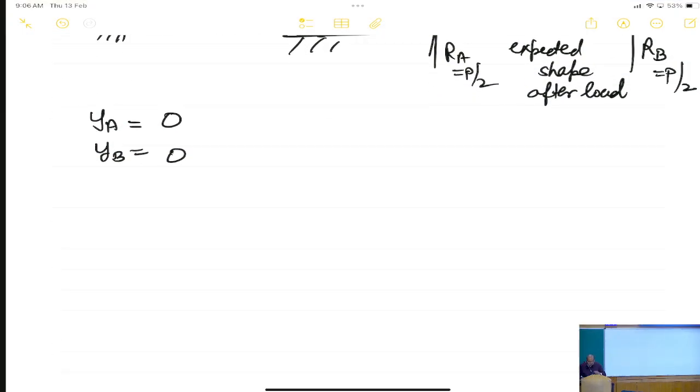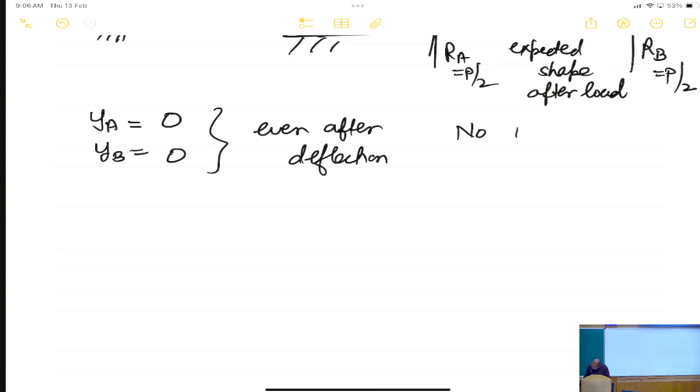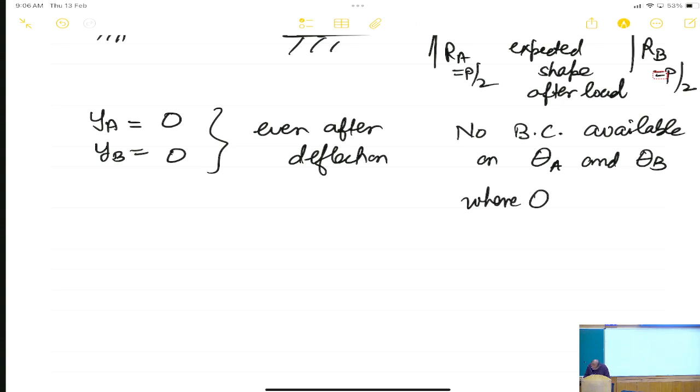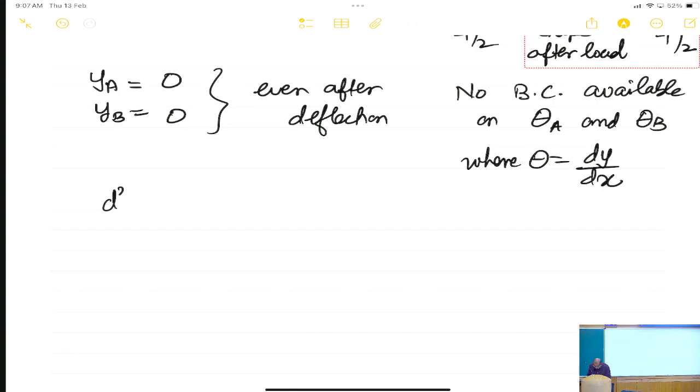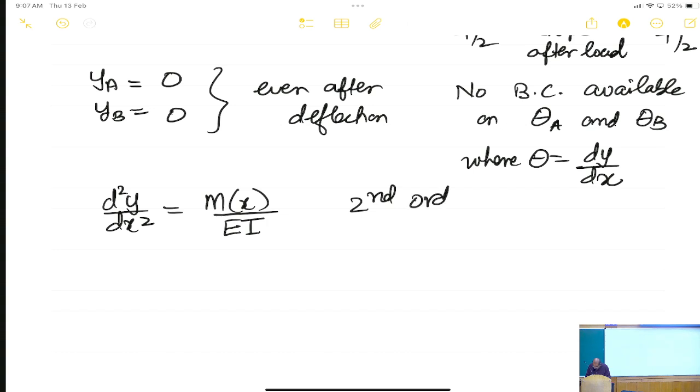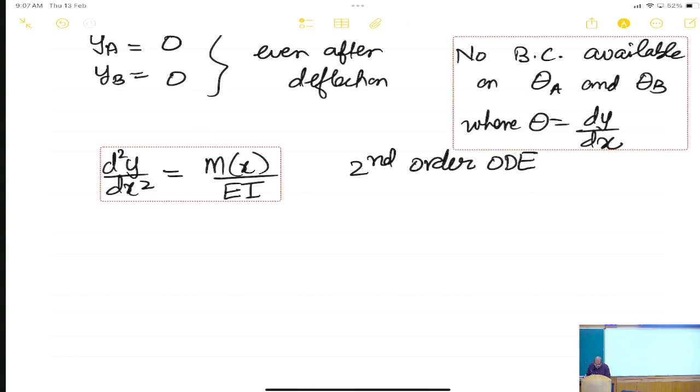Now, in this case, no boundary condition is available on theta A and theta B. Now we have d2y by dx square. We integrate this twice.